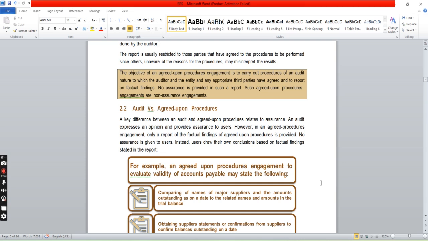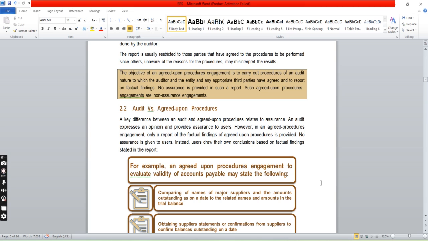Now if we bifurcate between audit and agreed upon procedures, what actually happens under an audit and what exactly are agreed upon procedures? The key difference between an audit and agreed upon procedures is related to assurance. So all the bifurcation is based on assurance, whether the engagement is an assurance or non-assurance engagement. In case of an audit, what you do is express an opinion and provide assurance to the user.